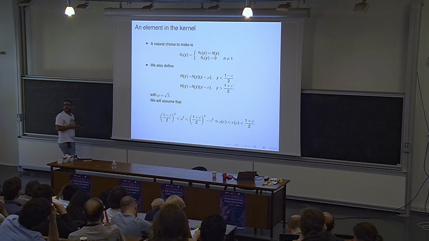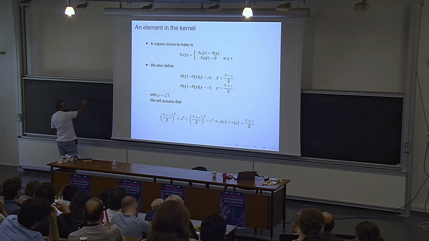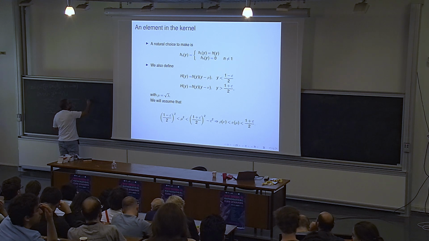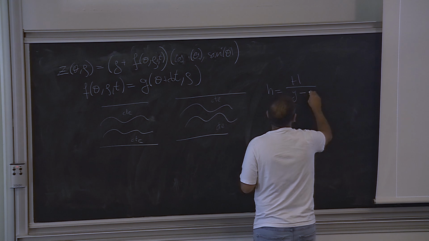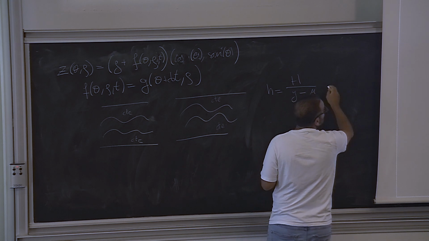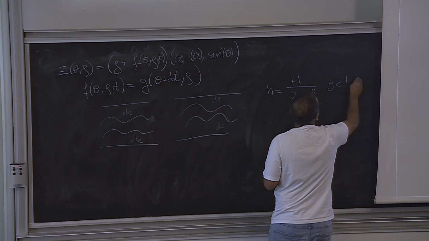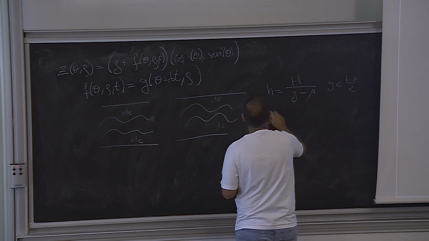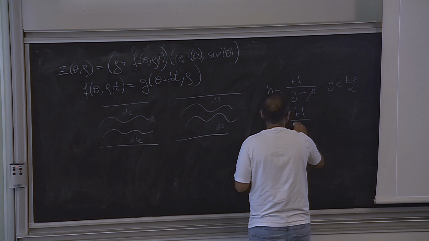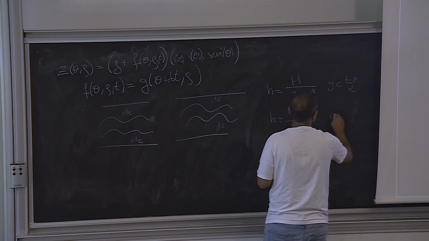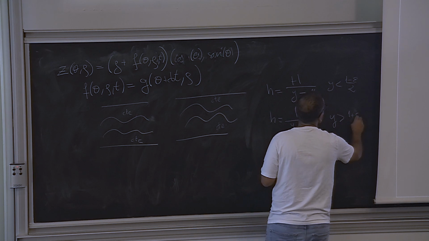So H is going to be h of y minus mu for y less than 1 minus epsilon half, and H is going to be h of y minus mu for y bigger than 1 plus epsilon half.